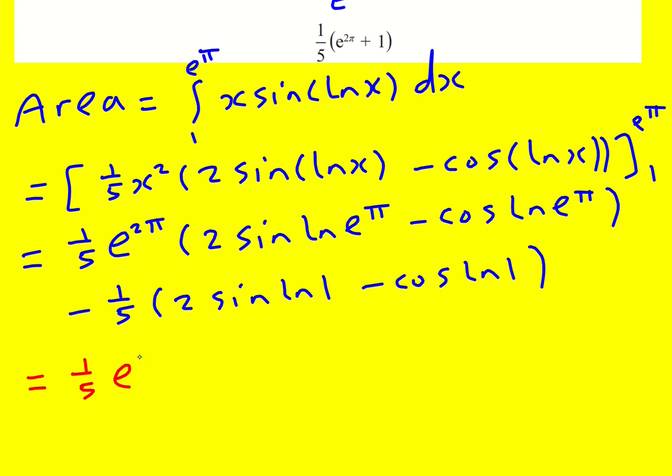So 1/5 e to the 2 pi, 2 sine. Now ln of e to the pi is actually just going to be pi. So it's going to be 2 sine pi minus cos pi.